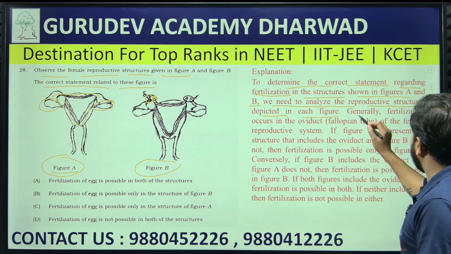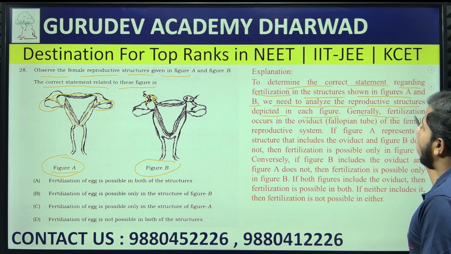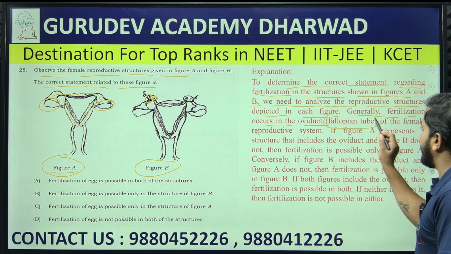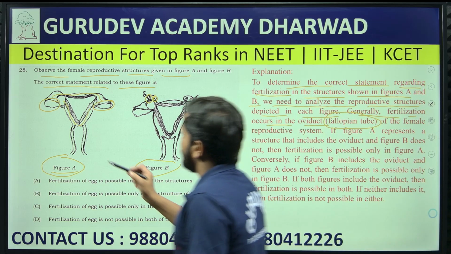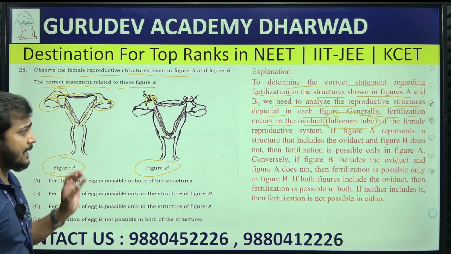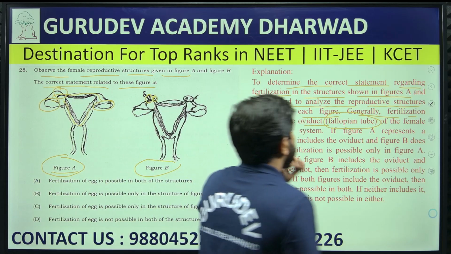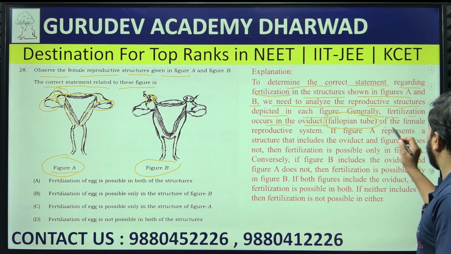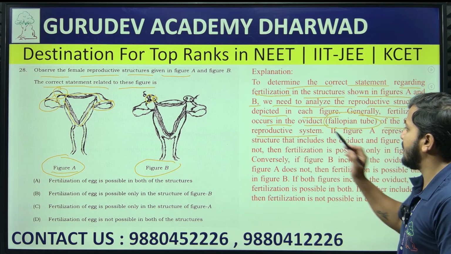Generally, fertilization occurs in the oviduct, which is what we call the fallopian tube. So here only there will be fertilization, right? So the oviduct is necessary to carry out fertilization, in our understanding of the female reproductive system.